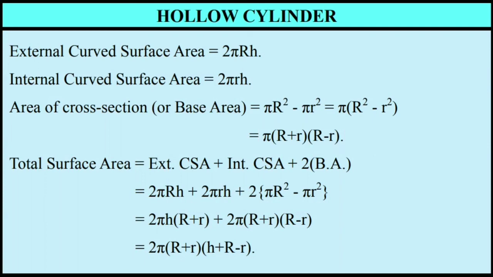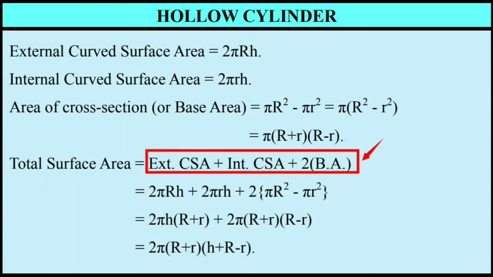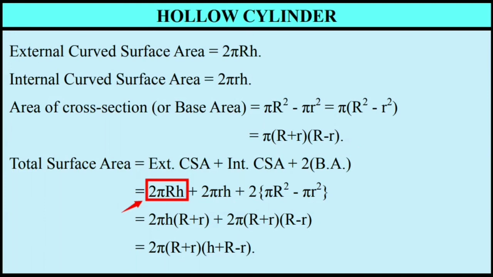Next is total surface area, that is external curved surface area plus internal curved surface area plus twice the base area or area of cross section, where 2 pi capital R into h is the external curved surface area, 2 pi small r h is the internal curved surface area, and pi multiplied by capital R square minus pi multiplied by small r square is the uniform area of cross section or base area.